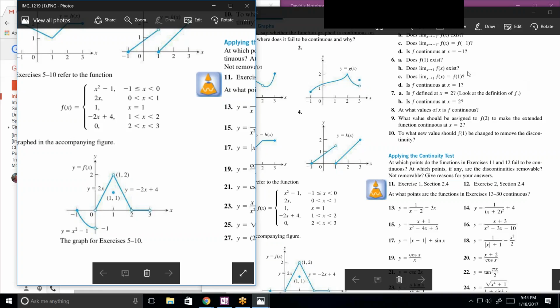Okay. Now, 6b says, does the limit exist? And the only thing that requires is that the limit from the right be the same as the limit from the left. Are they the same? Yes, they are. So the limit does exist.